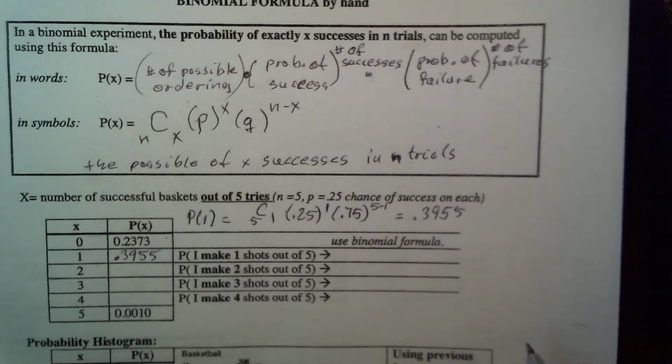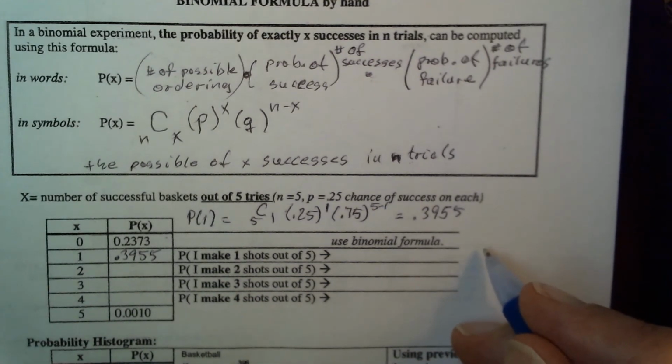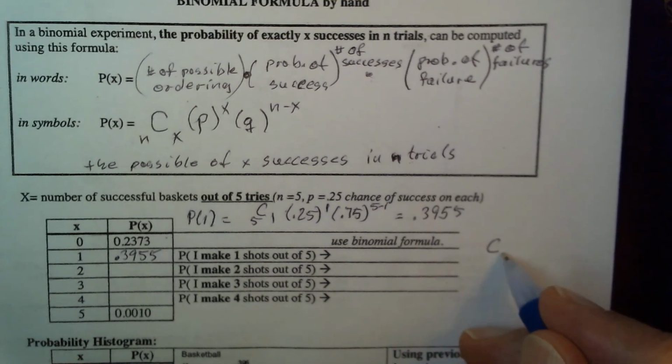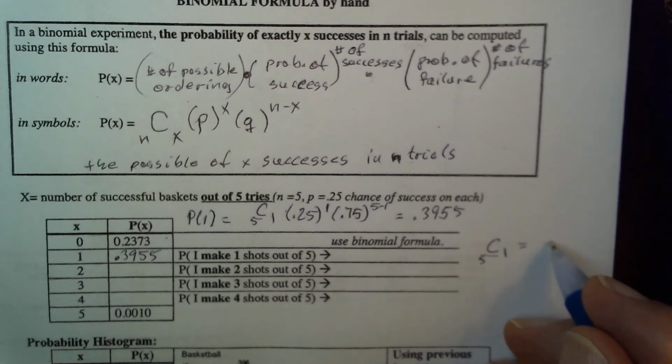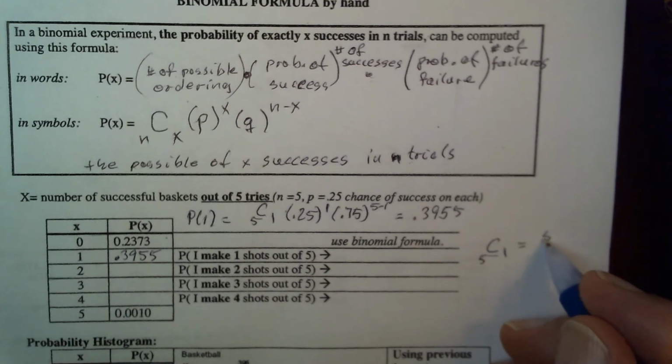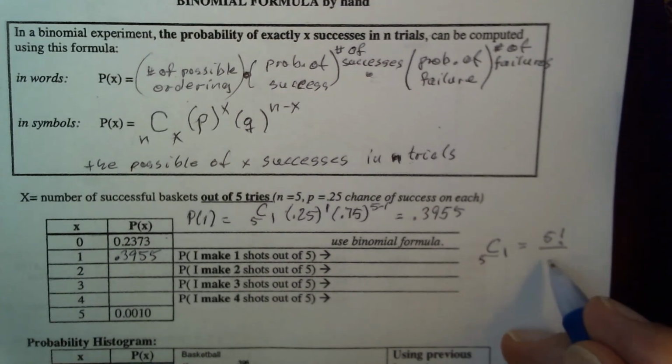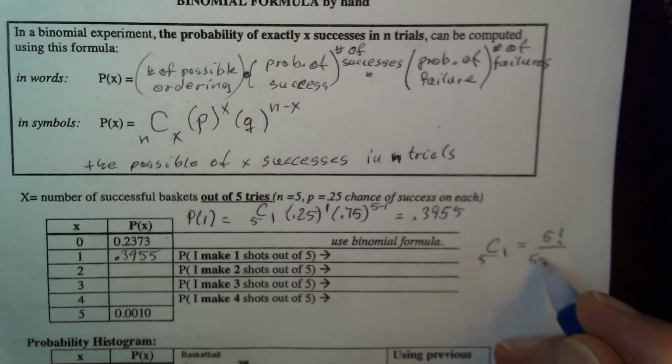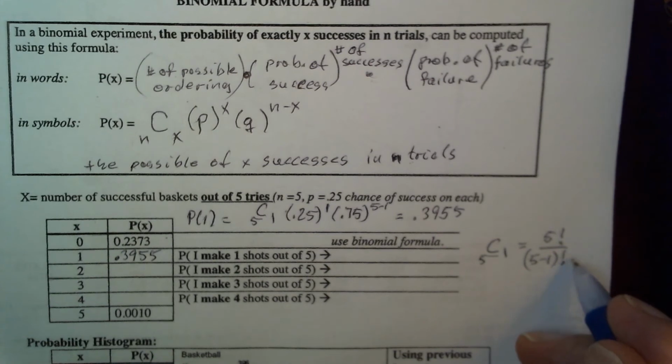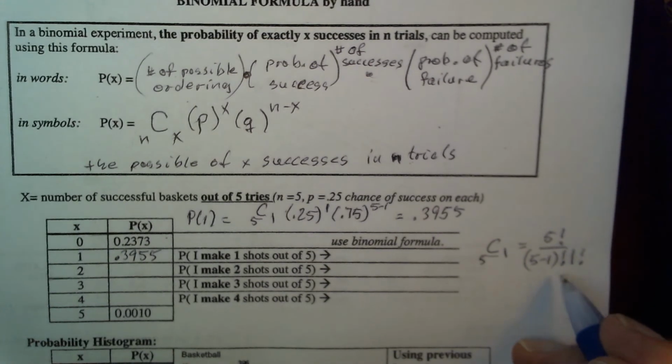What I want to explain real quick is what the combination of one success out of 5 trials means. That's equal to 5 factorial divided by 5 minus 1 factorial times 1 factorial.